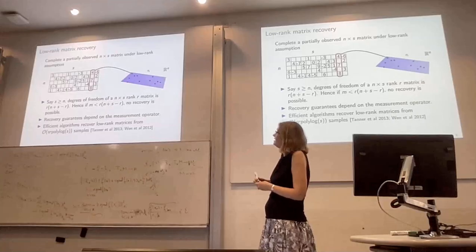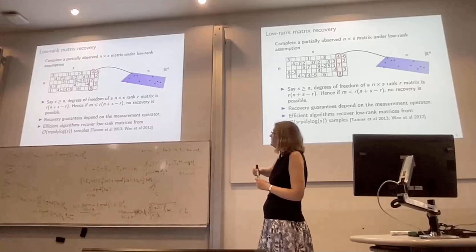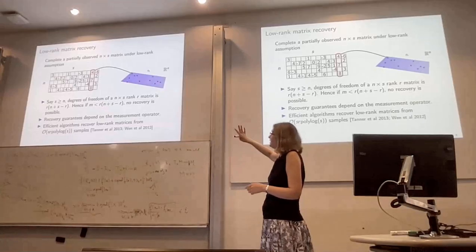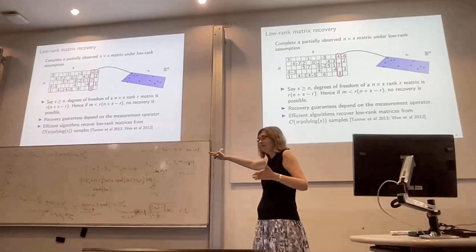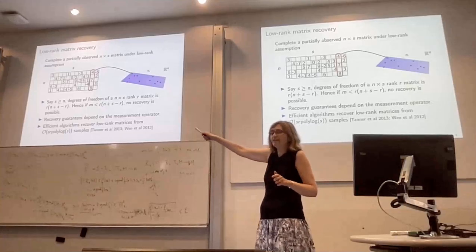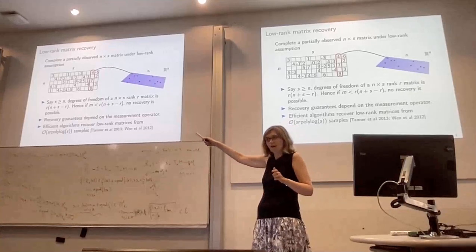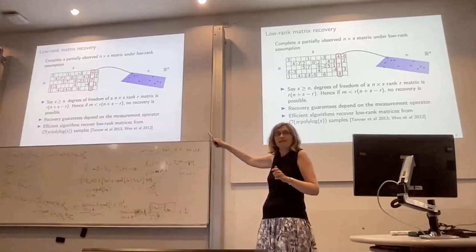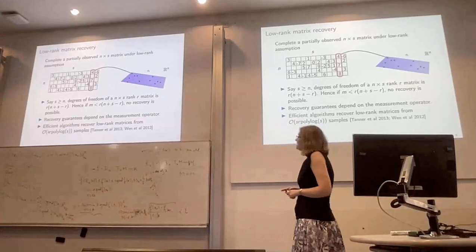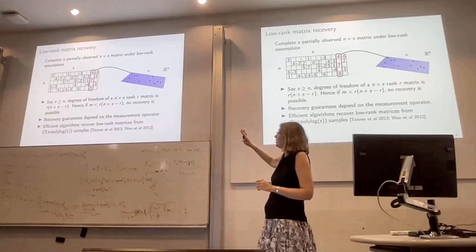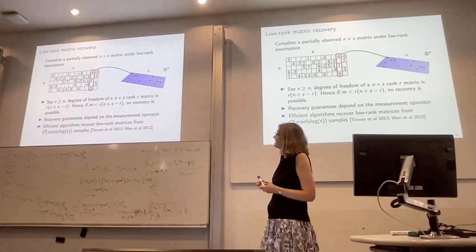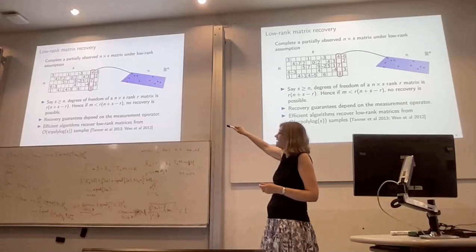Of course, when you have more columns than rows, you need to be a little bit careful. There is a minimal limit of measurements that you need, which is essentially n times r, or n plus s times r, where r is the rank, to be able to get anything. But that is not n times s. And so M can be guaranteed to be recovered.